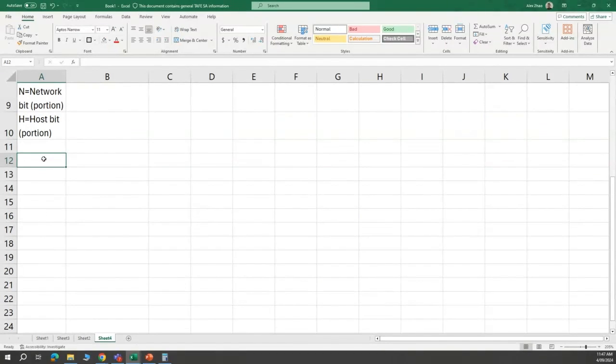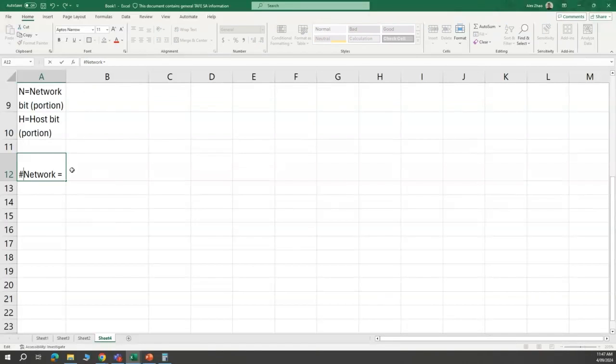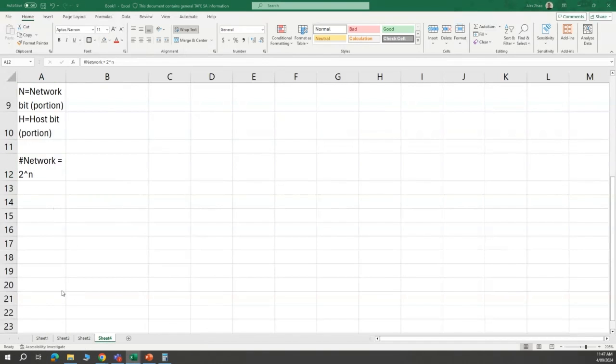So let me just write something down here. Number of networks, okay, hash stands for number, equals 2 to the power of n, where n is the number of bits borrowed.